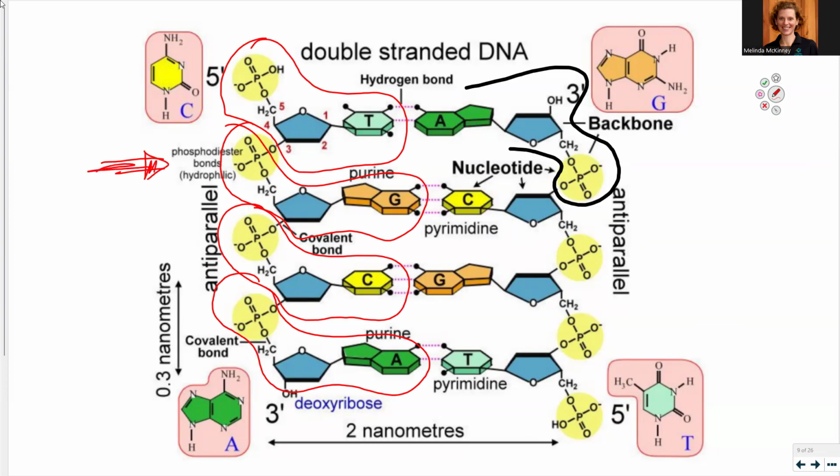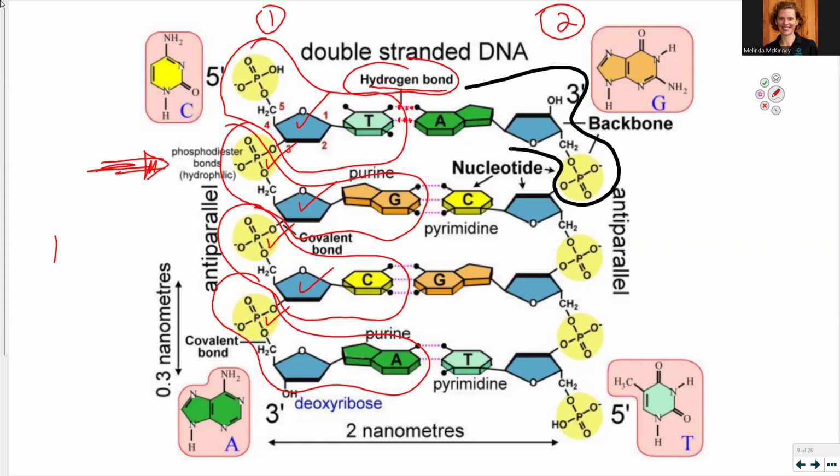It's a sugar phosphate backbone. So sugar, phosphate, sugar, phosphate, sugar, phosphate. It's double-stranded. One strand's over here on the left. The second strand is over here on the right, right? And they're held together with these hydrogen bonds that are found between the bases. And again, you can see 2 hydrogen bonds between adenine and thymine.